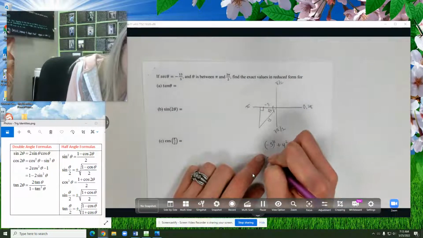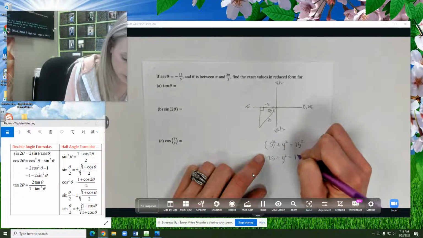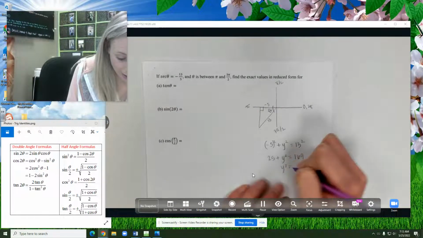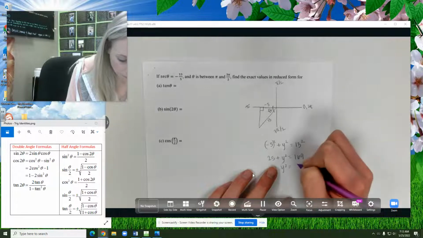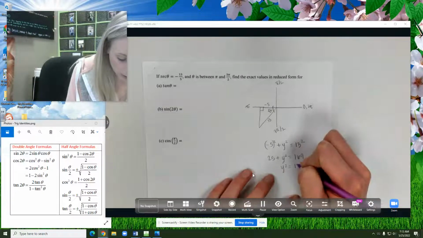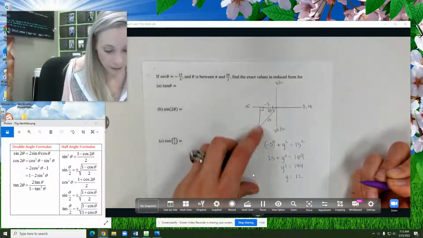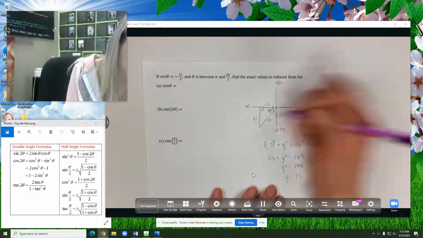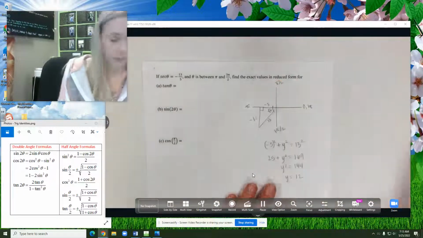Well, negative 5 squared is 25, and 13 squared is 169. I'm trying to get y alone, so I'm going to subtract 25. And 169 minus 25 is 144. Take the square root, and we get that this opposite leg is 12. Now remember, because it's in this quadrant, it's going to be negative 12.